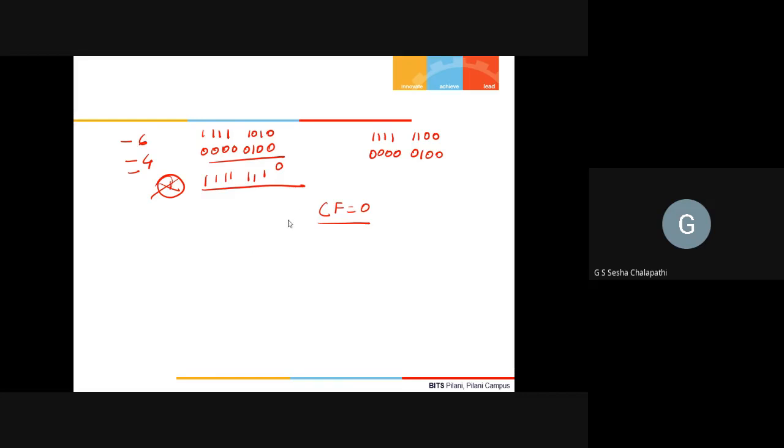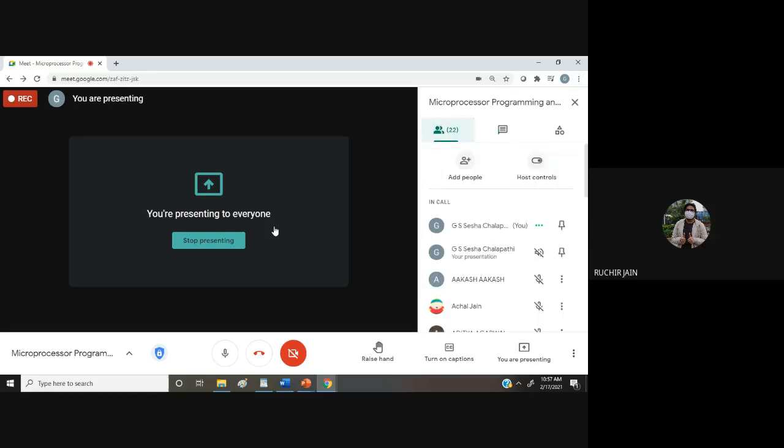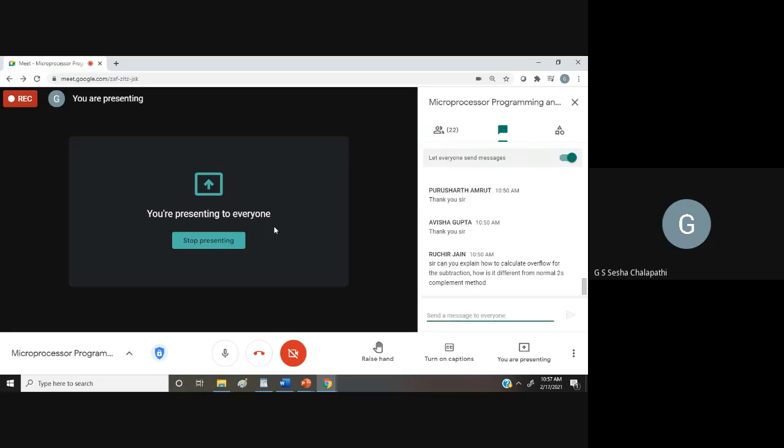Have I answered your query, Ruchir? So, in the microprocessor way of... One second. Her query was with respect to the overflow flag. How is it different with the overflow? There's no overflow. Overflow is the same in both the cases.